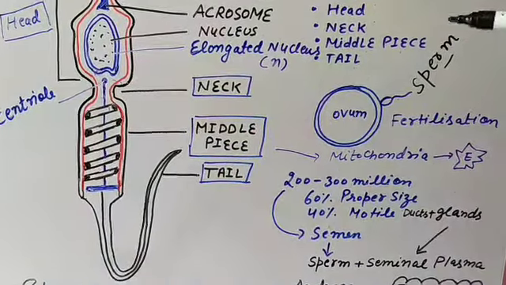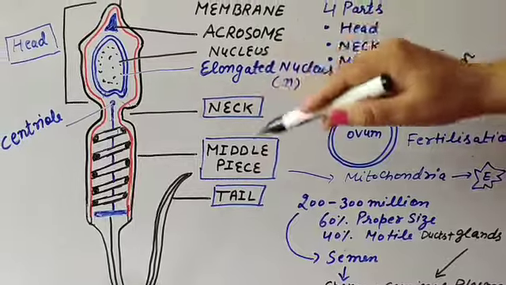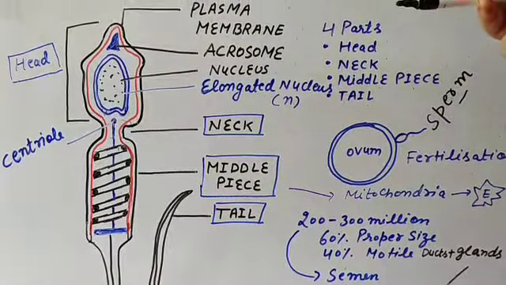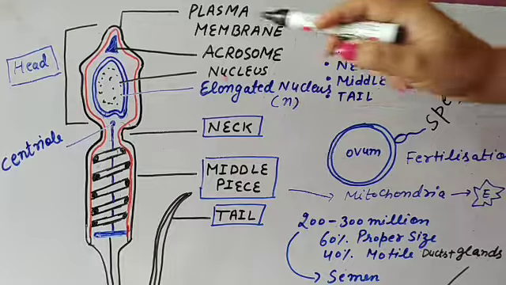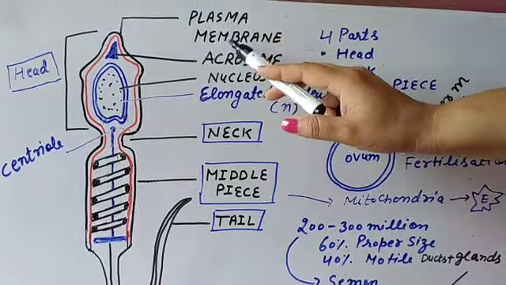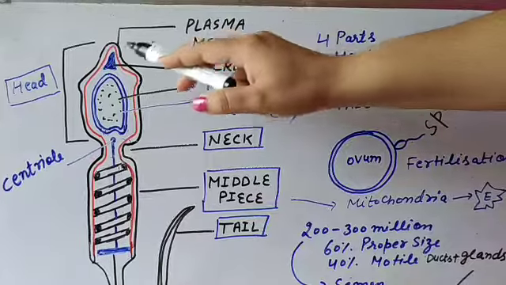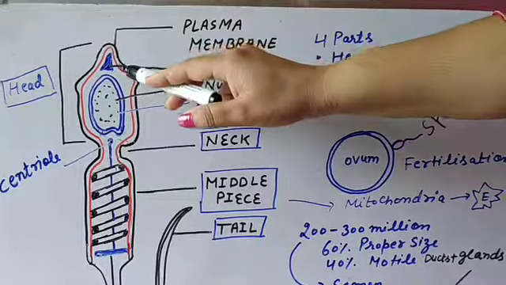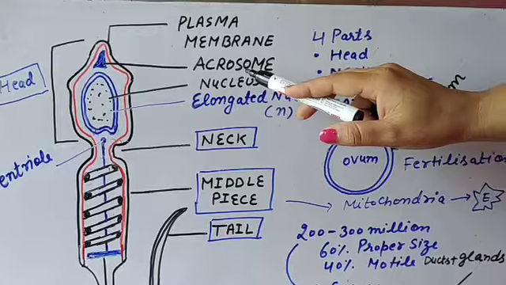Like a cell, the sperm is also a cell, and a cell has a plasma membrane, so it also has an outer covering known as the plasma membrane. In the upper portion there is a cap-like structure known as the acrosome.